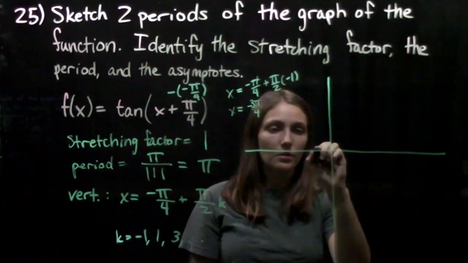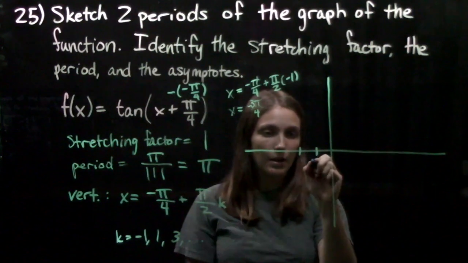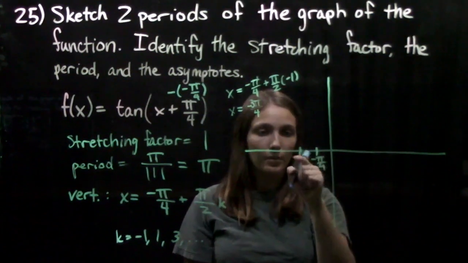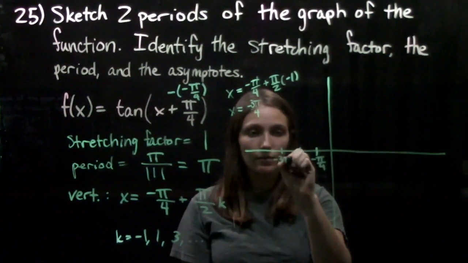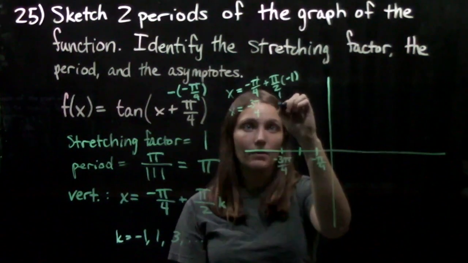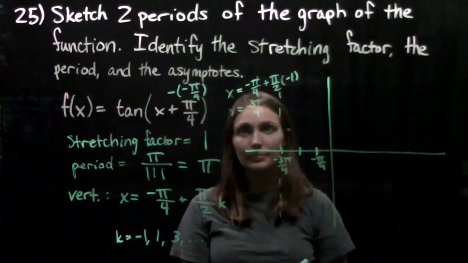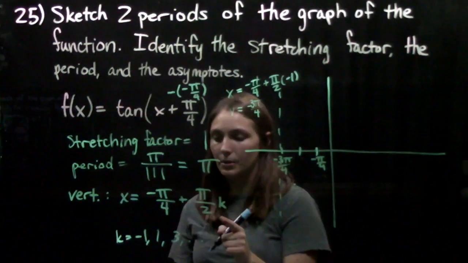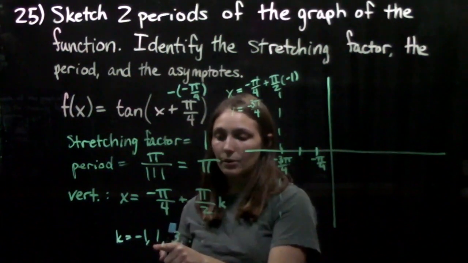So if we're graphing this, we have a pi over 4 here, negative pi over 4, here's negative pi over 2, here's going to be negative 3 pi over 4, and we'll have a vertical asymptote running through it. Okay, where's our next asymptote going to be? We're going to plug in k equals 1.